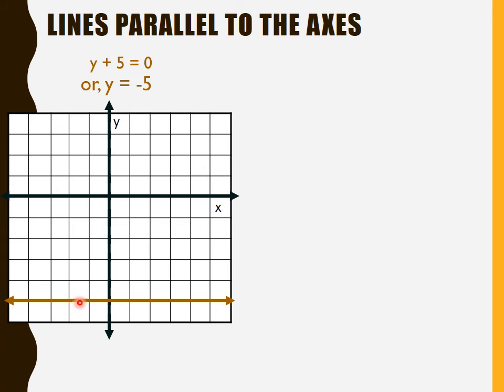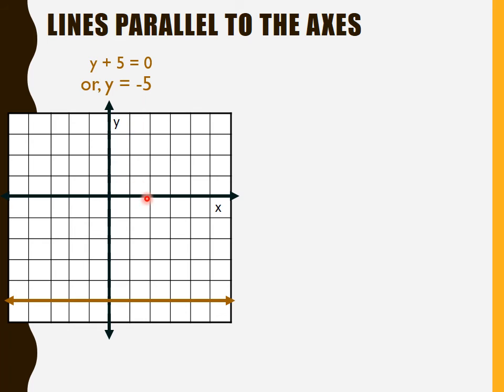So when we extend the line like this one, that means for each value of x, we will get the value of y as minus 5. For example, if we take x equals 0 in this equation, the value of y will always remain minus 5. So the solution can be written as 0, minus 5.